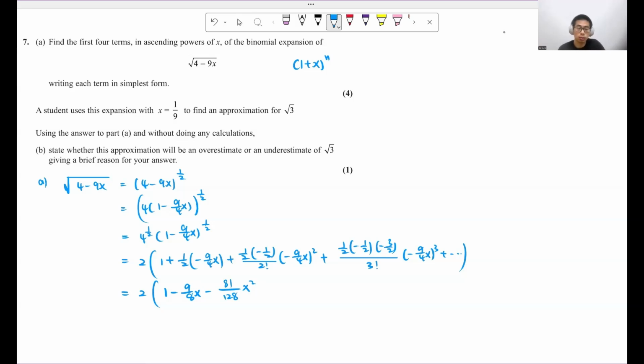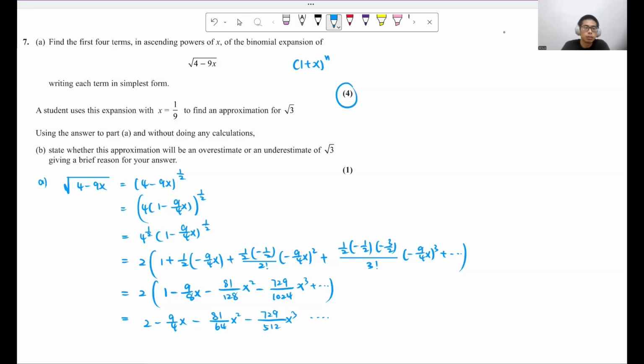So that is equal to negative 729 over 1024 x cubed. And then if we times by 2, that would be 2 minus 9 over 4x, and then minus 81 over 64x squared, and then minus 729 over 512x cubed. So that would be the answer for part A, 4 marks.